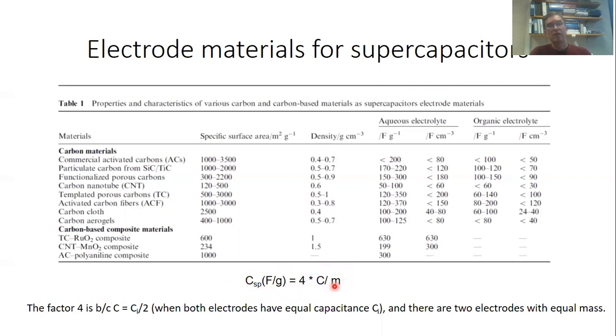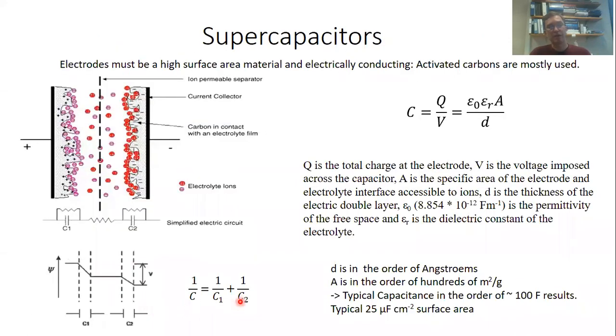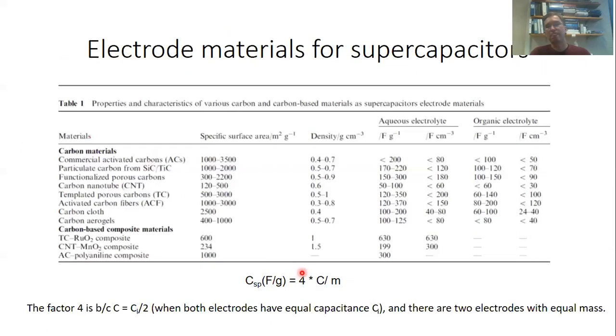That means that both electrodes produce, or are assumed to produce, the same capacitance, so that the capacitance is Ci over a half, and then the two capacitances add up according to this formula here. 1 over C is 1 over C1 plus 1 over C2, whereby C1 and C2 are assumed to be the same.